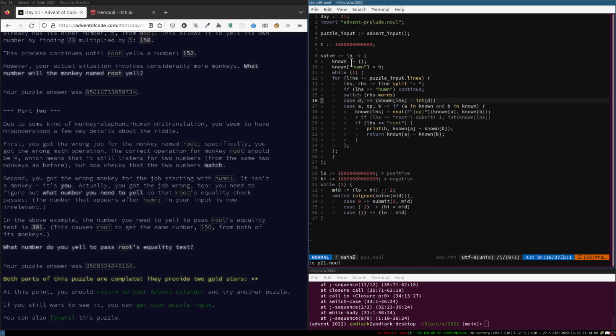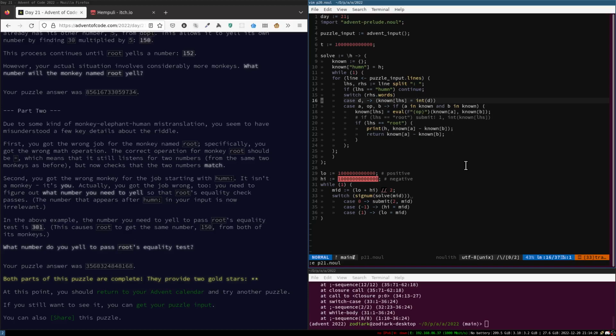I seeded this binary search by manual inspection, running a few iterations of the program myself to verify that there's some number where the left side is larger than the right side, and a much larger number where the left side is smaller than the right side.